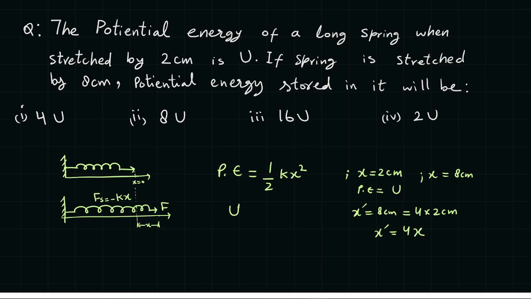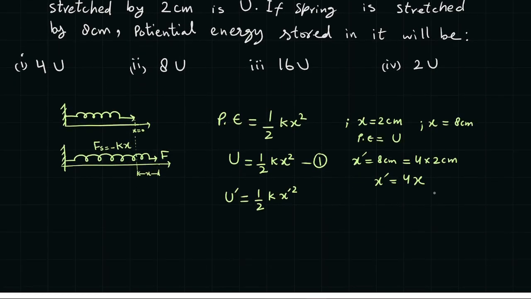And we know potential energy is U when displacement is x. So potential energy is 1/2 kx² in the first case. In the second case, potential energy will be 1/2 kx dash².